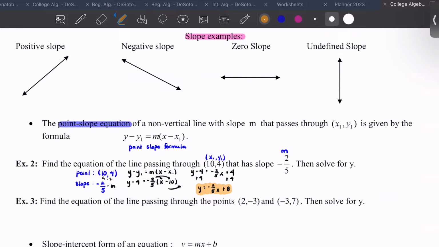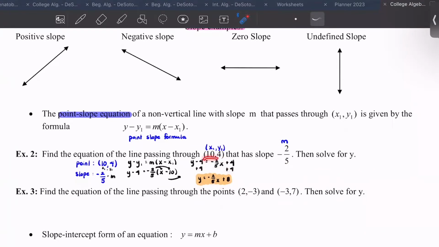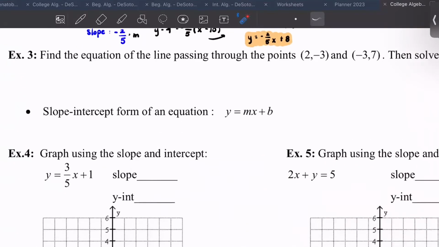Okay, so what I'm saying is that when we graph this line right here, it's going to pass through this point, and the slope is going to be negative 2/5. Okay, the equation of the line that passes through this point and has this slope is this equation. Okay, that's all I'm saying. All right. So let's look at example 3.